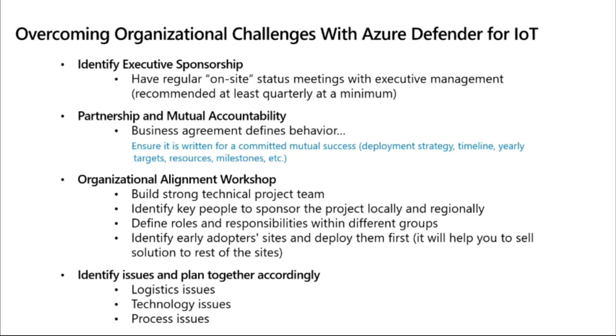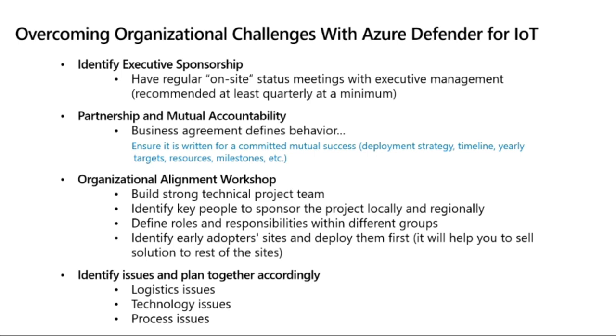Organizational alignment workshops are a part of the solution that allows us to build a strong project team, that allows us to identify who are those early adopters who will be more likely to use the system, to implement it, to create those reports and to send them up to the CISO level, so they will be more familiar and more receptive of the benefits that we bring onto the table.